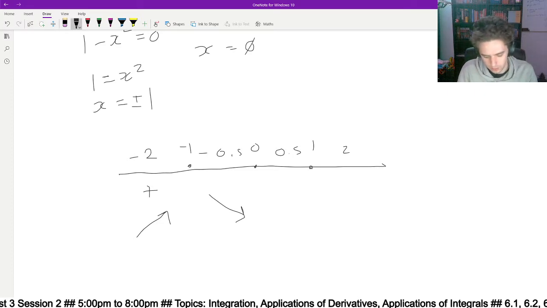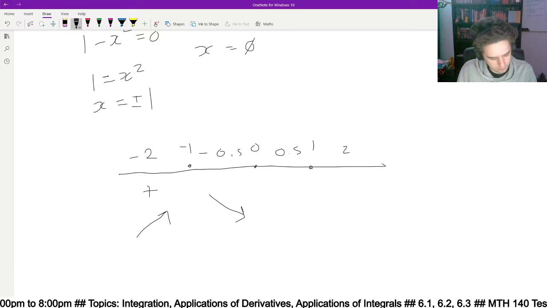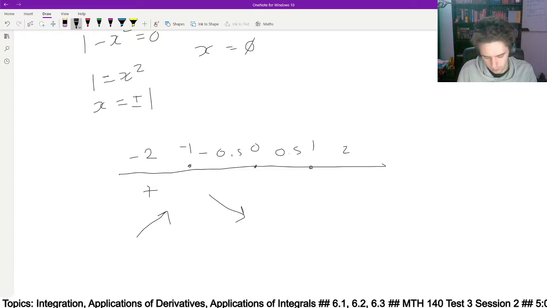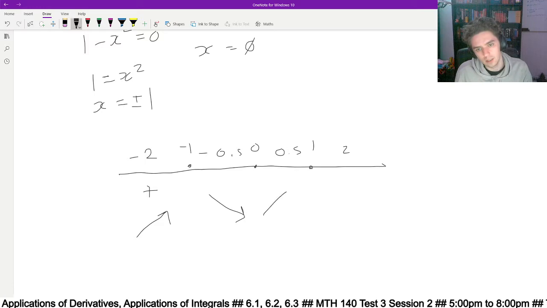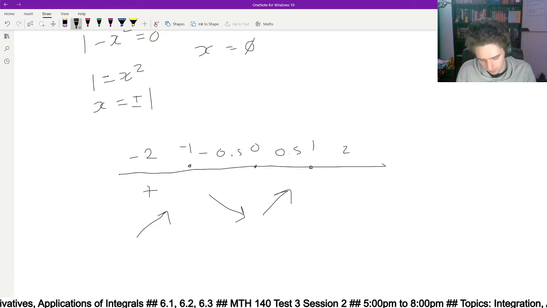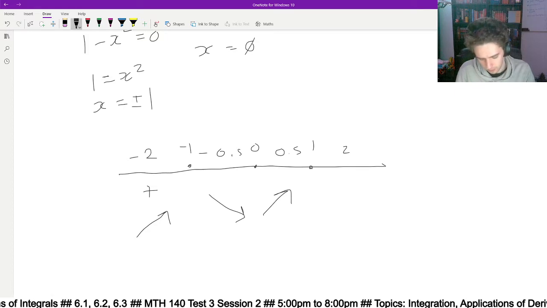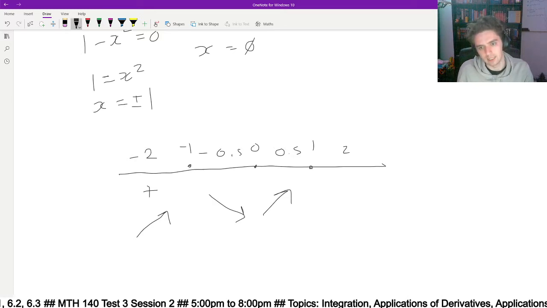And I'll choose positive 0.5. Okay. And I got a positive number. And then if I choose 2, I will probably get a negative number. Yes, I got a negative number.